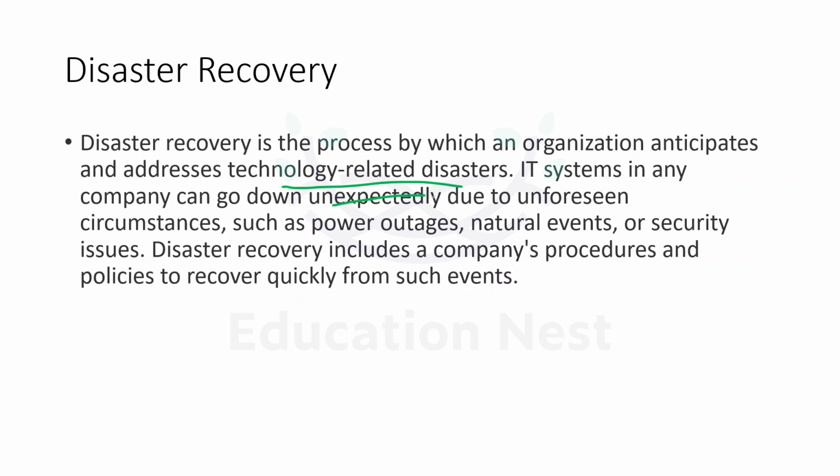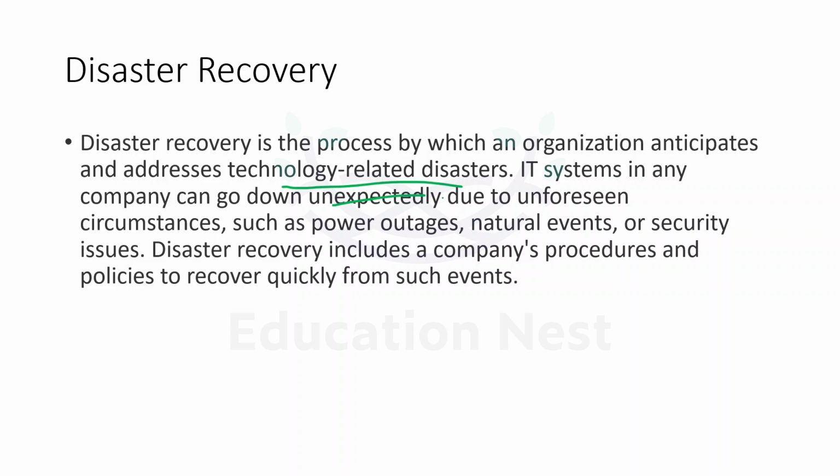Even if Google or Instagram are down for a few minutes or a few hours, everyone goes crazy. That's why we do not want our business to get disrupted. We want to ensure business continuity, along with recovering our data, applications, systems, as well as infrastructure.